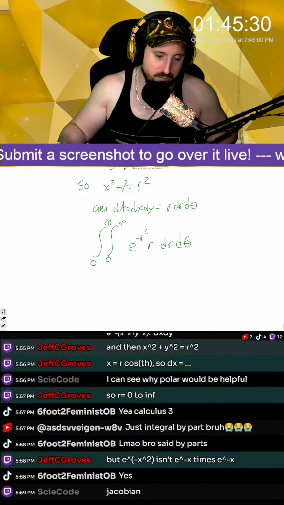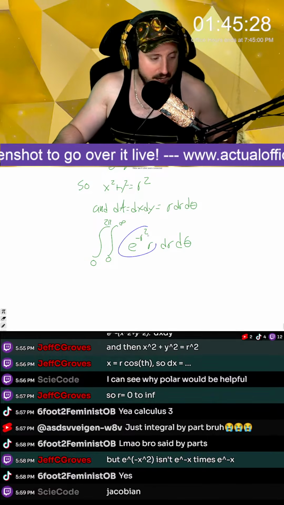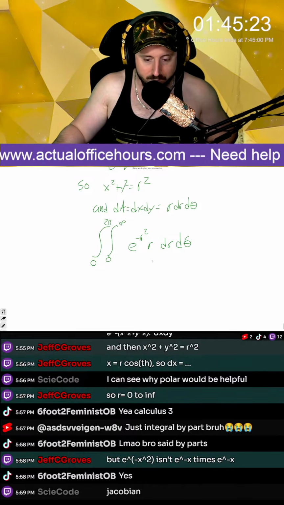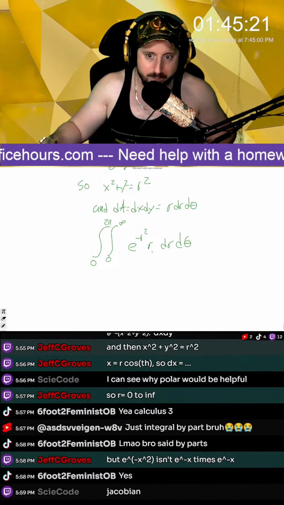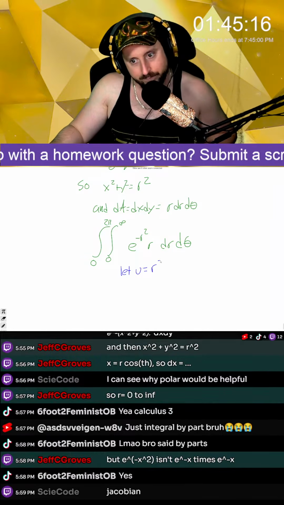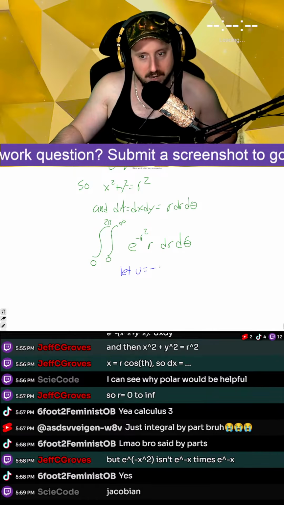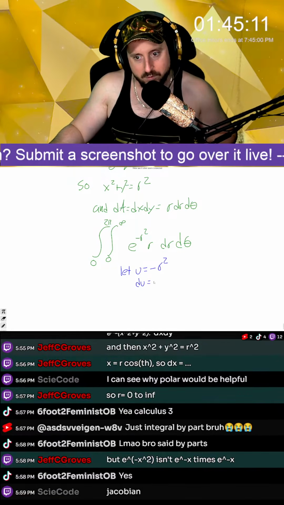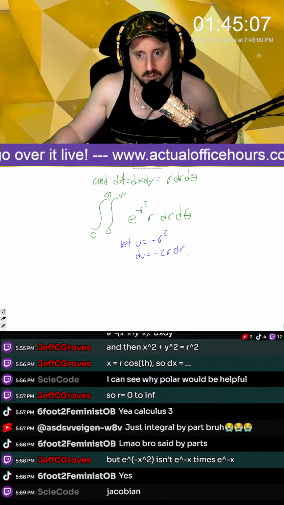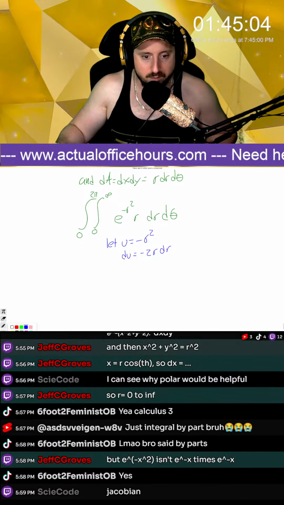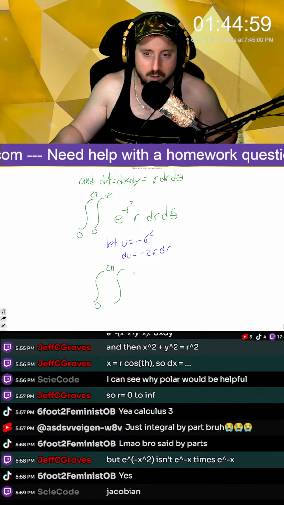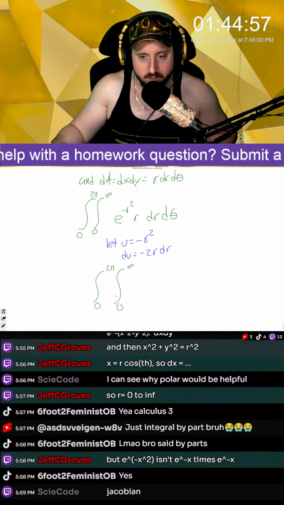Because this is u sub. Anytime you see something that looks scary, but you see the derivative of that scary thing also showing up somewhere else, that should tell you right away it's just u sub. So you can say, let u equal negative r squared. Then du is equal to negative 2r dr. Okay. So now you have the integral from 0 to 2 pi. This is still going to go from 0 to infinity.